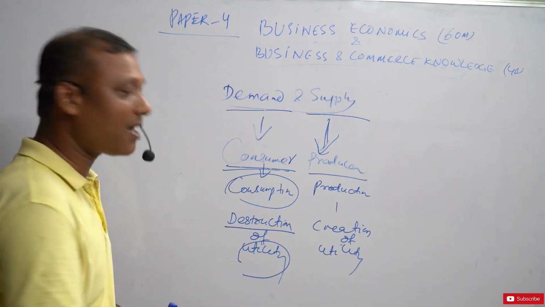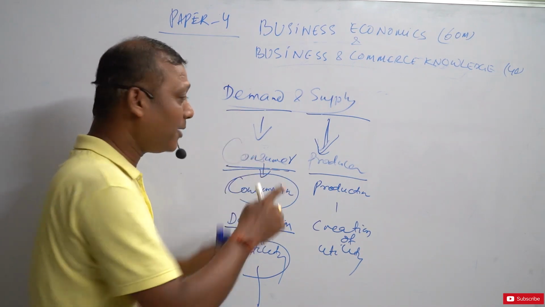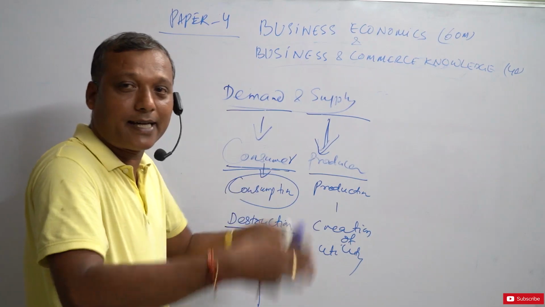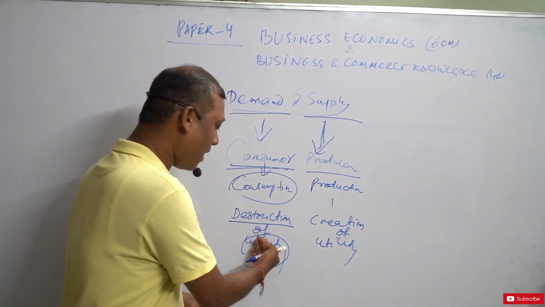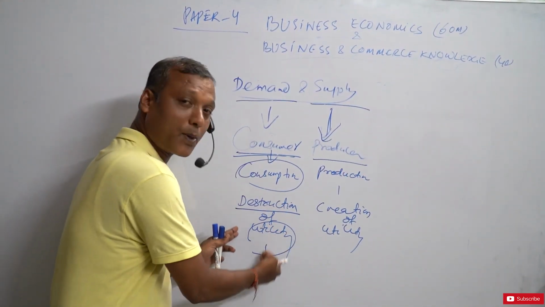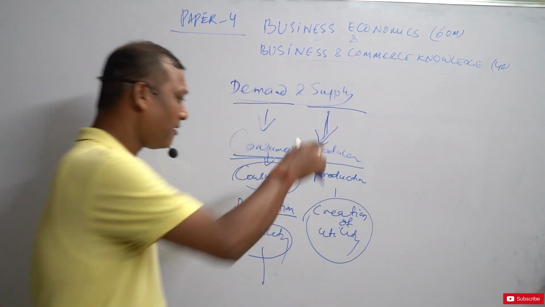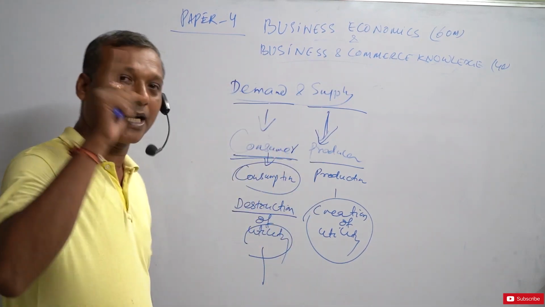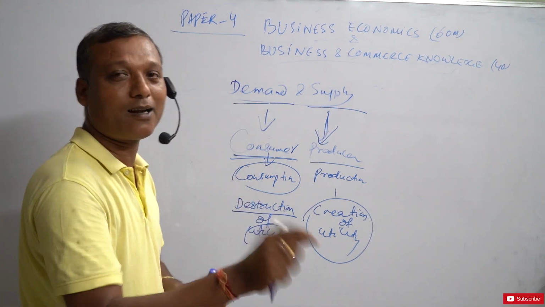The utility. The question comes here, utility. I have told you from the first that when you go to the depth of economics, you will be excited and interested. Now I told you that consumption means destruction of utility, production means creation of utility. When we say that the producer is producing something, definitely we think we are creating or adding some utility in the commodity.